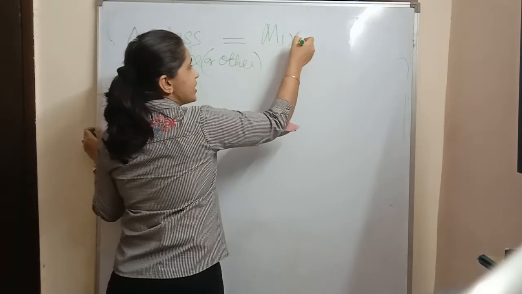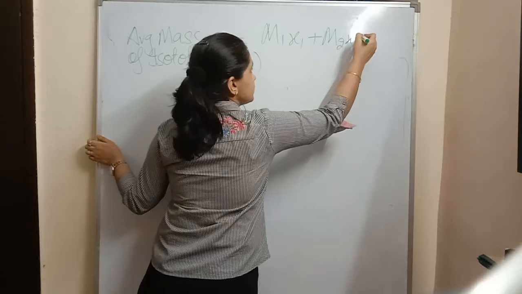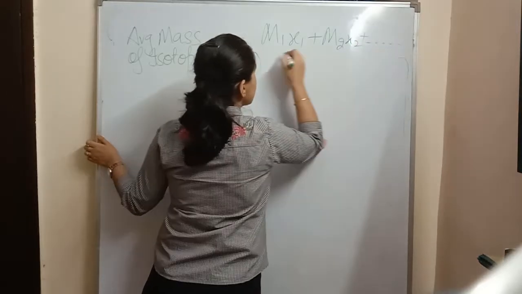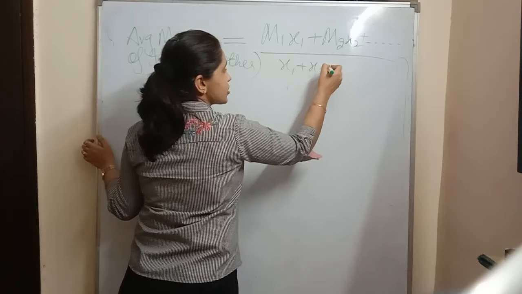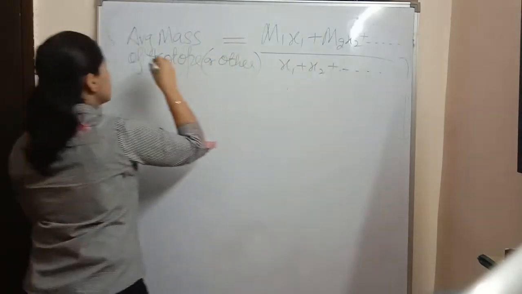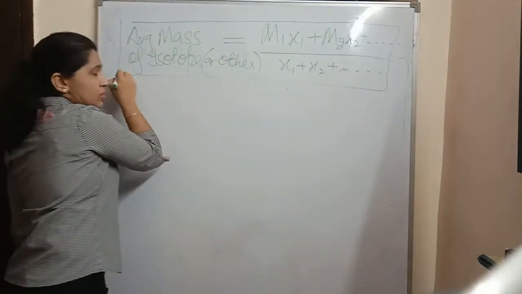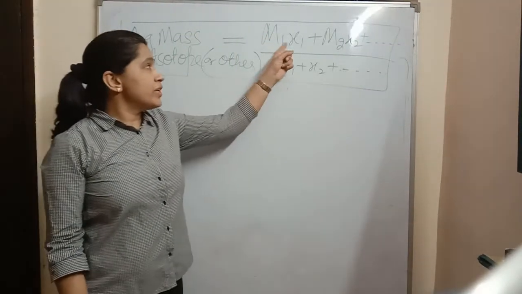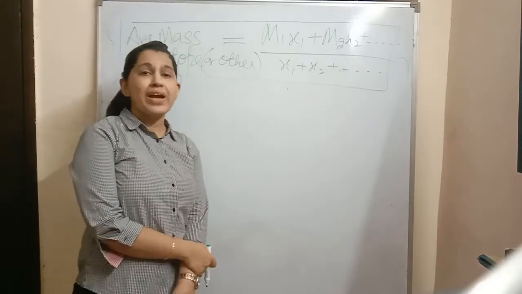That is (m1x1 + m2x2) upon (x1 + x2 + ...). So this is the formula for average mass. What is m1 here? Mass of the first isotope, m2 mass of the second isotope, and so on.